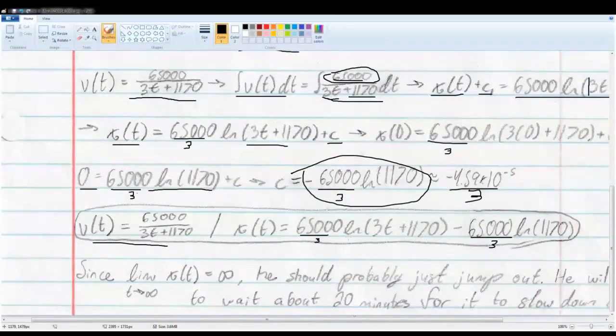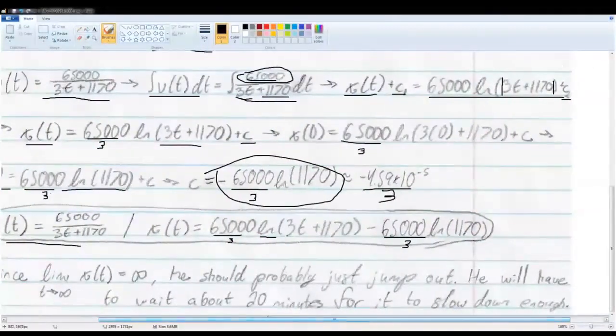However, because we have a logarithm for position, we know that that will always go to infinity. So the position will always increase, and the velocity will only ever be 0 at infinity. You can't drive forever. So will the car ever be at rest? No, because it's always going to keep moving forward. You should probably just jump out. And because of the high speed, he should wait about 20 minutes before jumping, because otherwise he'll probably hurt himself.